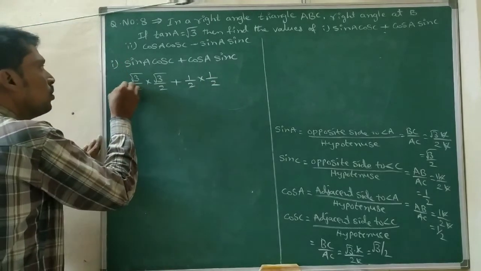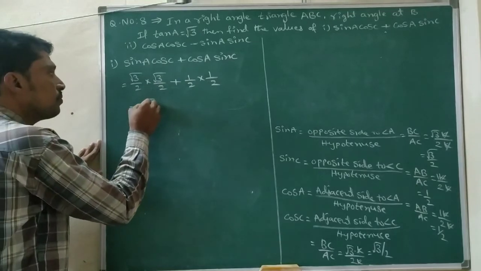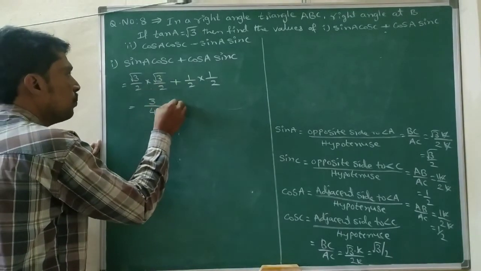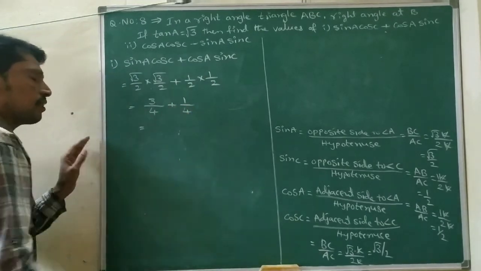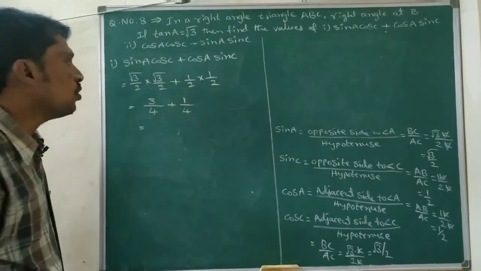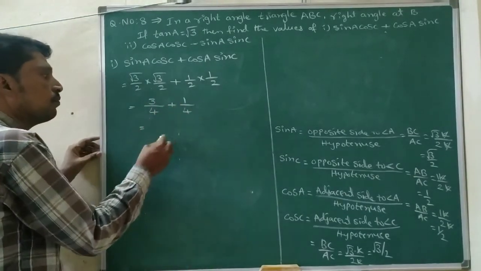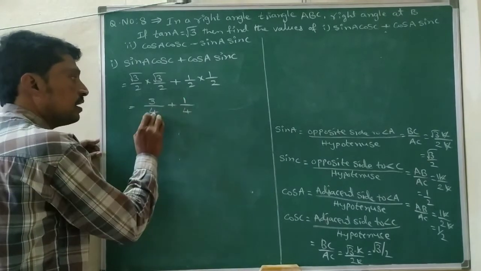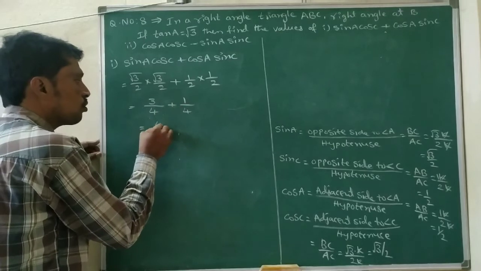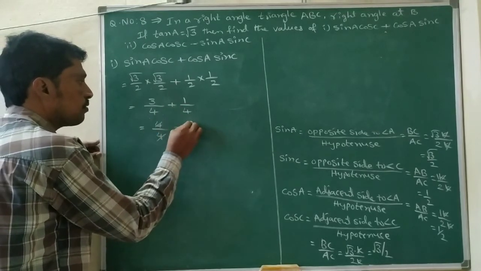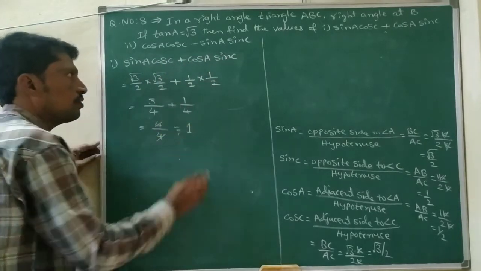That equals root 3 by 2 into root 3 by 2: root 3 into root 3 is 3, 2 into 2 is 4, plus 1 into 1 is 1, 2 into 2 is 4. Here denominators are equal, so directly add the numerators: 3 plus 1 is 4, so 4 by 4, which is 1. The value of sin A cos C plus cos A sin C we got is 1.